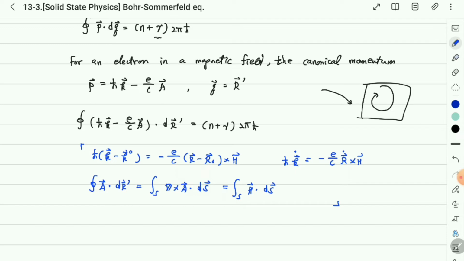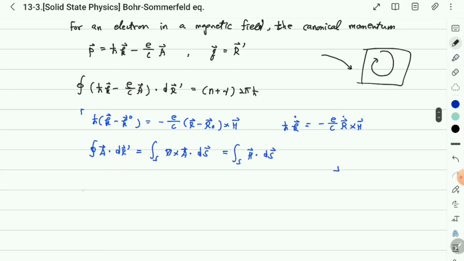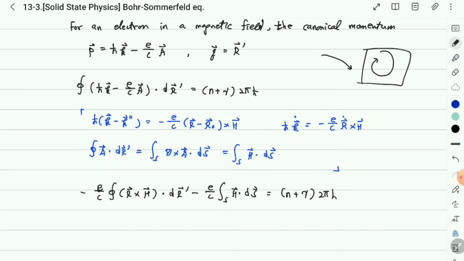The first and second terms can be calculated like this, and inserting into this equation: minus e over c times the line integration of (r cross H) dot dr prime, minus e over c times the surface integration of H dot dS, is quantized by (n + γ) 2πħ.